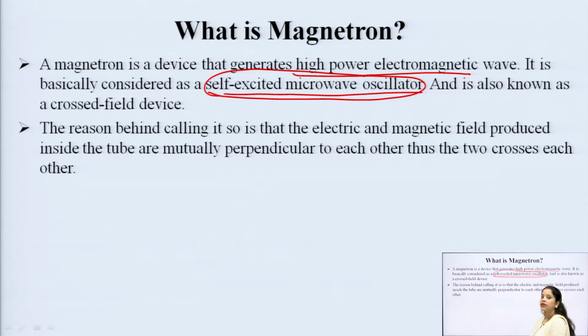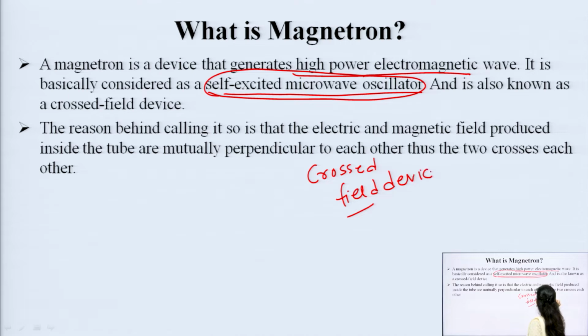And the second difference between the klystron and the magnetron is that it is a crossed field device.